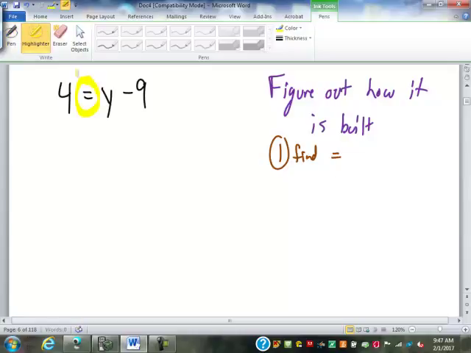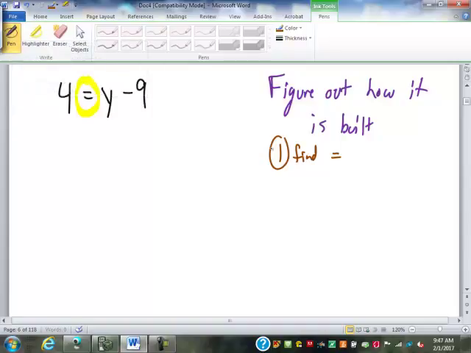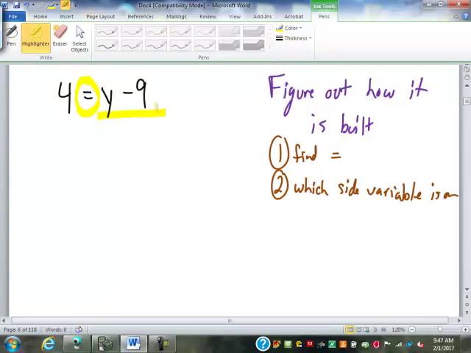Well, the equal sign is right there. Second thing we have to do, find out which side the variable is on. Well, that's this side right here. There's our y.